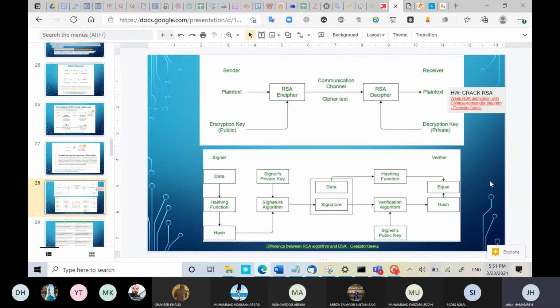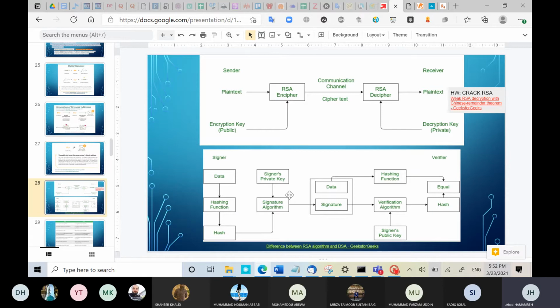Now let's look at the signature algorithm, DSA, the digital signature algorithm. This algorithm is used for authentication as well as confidentiality. The signer has his data, then uses a one-way hash function to get the hash.